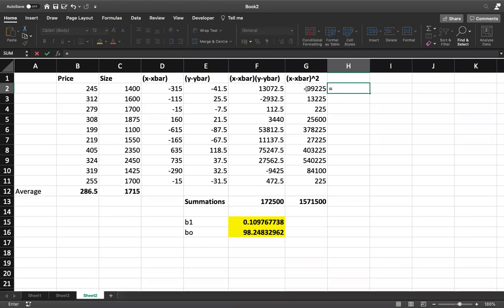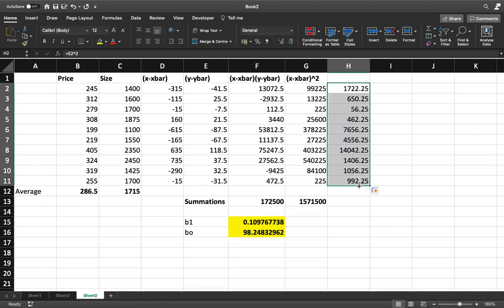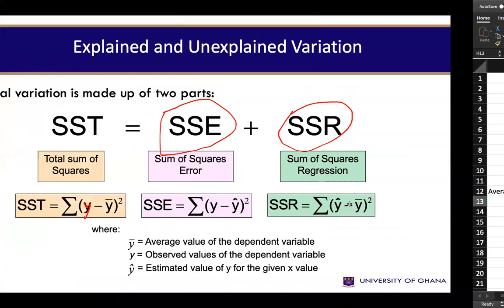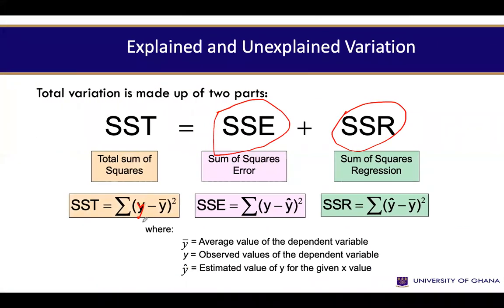So maybe let's do that. This minus, it's just this squared, right? The summation of that is the total variation that we are looking at. So SST is Y minus Y bar all squared.